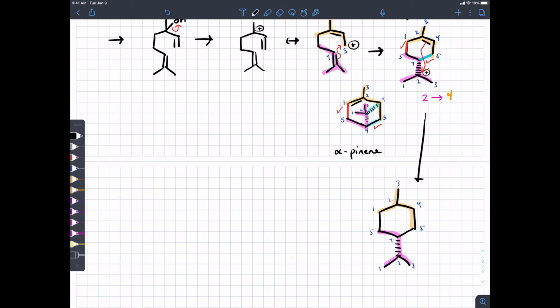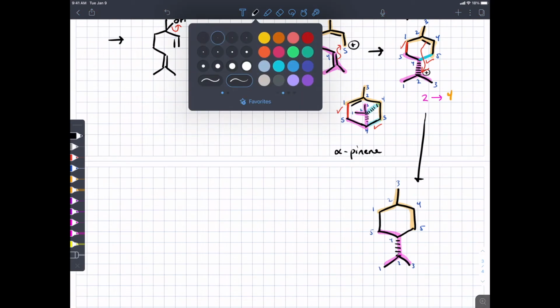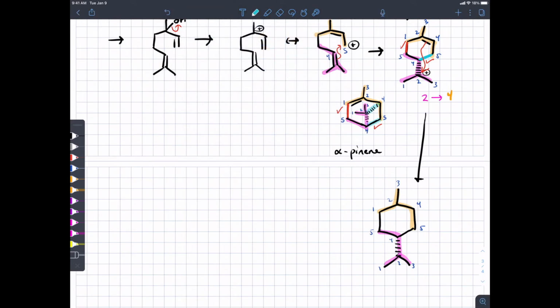I'm going to only show in highlighting the bond that we've formed so that we can focus on it. So we make the new bond between 4 and 2. Probably because that pink 2 is down relative to the ring. Probably that happens on the back side underneath.